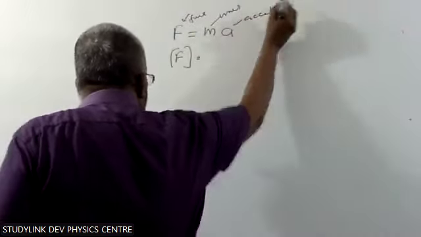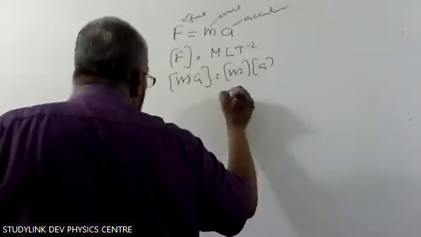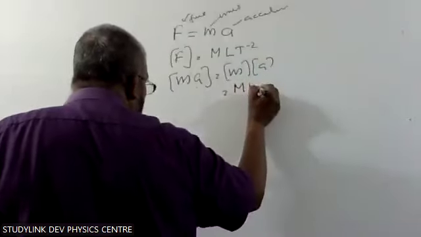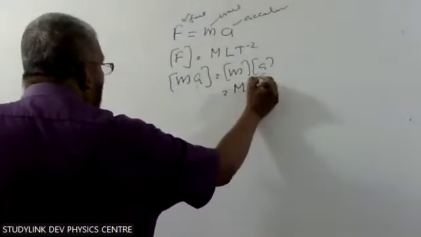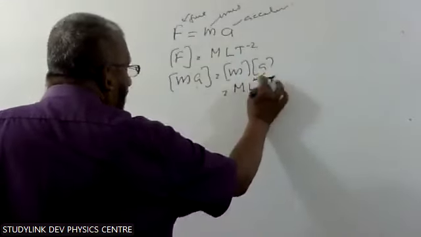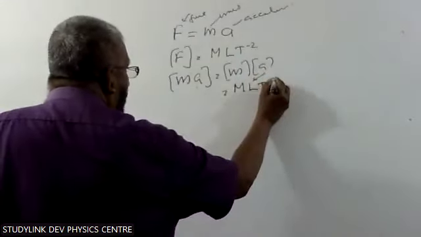We did it. Remember that. Dimensions of the 2 terms. M into A. That is capital M, L T minus 2. Then you get again M L T minus 2. So both are having the same dimension. Therefore, it is dimensionally correct.